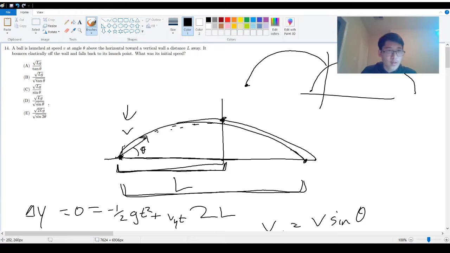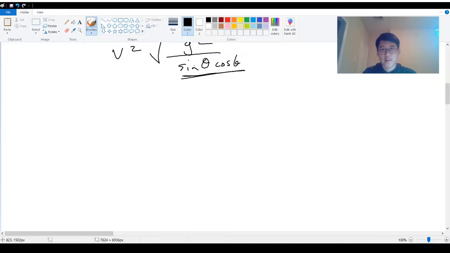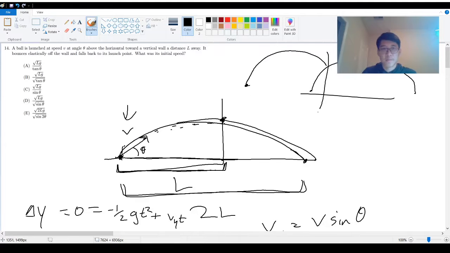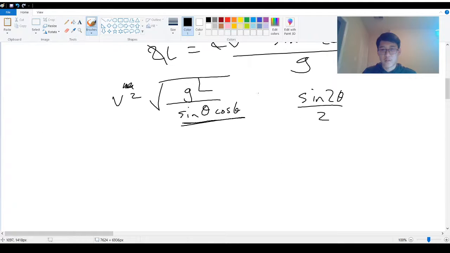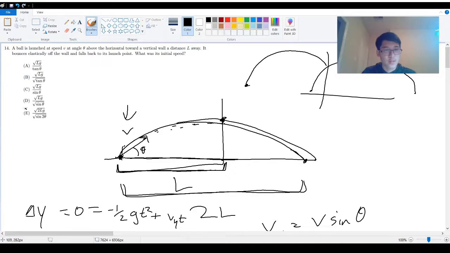Actually, it's not one of these answer choices yet because we can simplify this down slightly by noticing that sine theta times cosine theta is the same as, if you remember your trig identities, sine of 2 theta divided by 2, right? So if we plug this in here, the 2 goes into the numerator, 2gL over sine of 2 theta, the square root of this is equal to v, which is this answer.